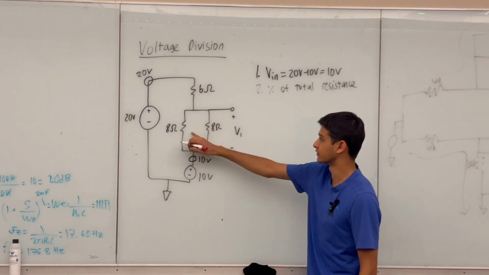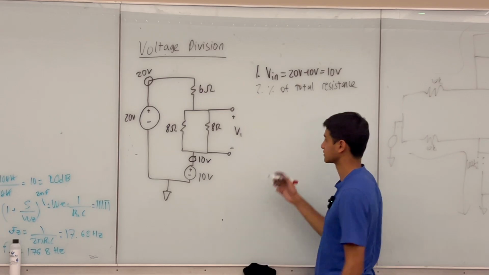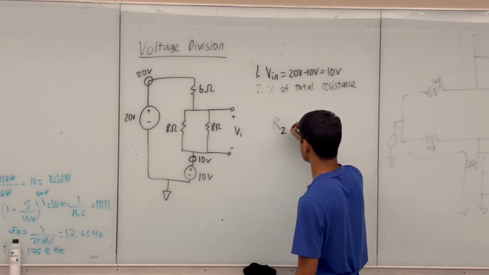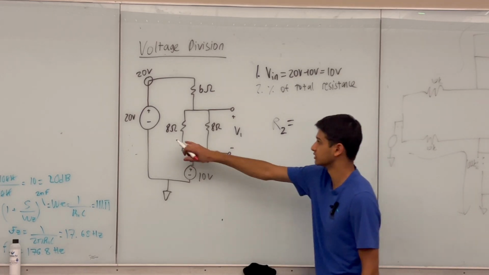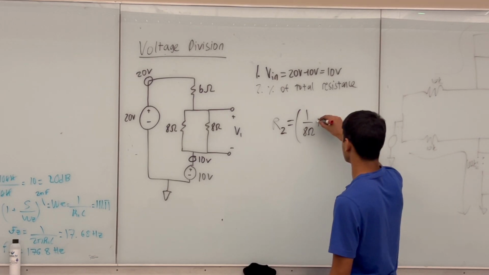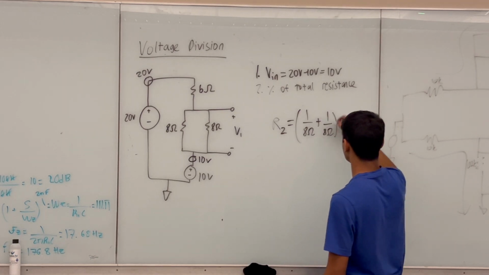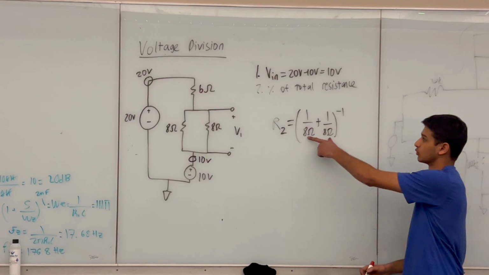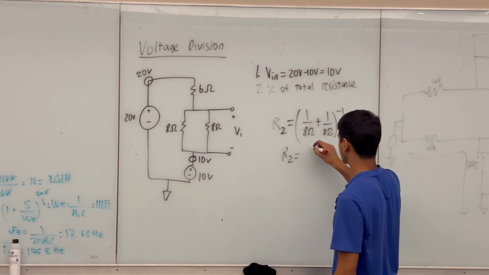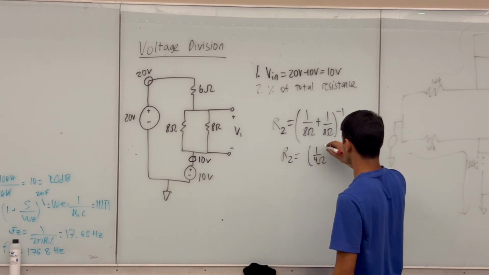The first thing I'm going to do is simplify these two resistors. I'm going to call that R2. R2 is just going to be equal to 1 over 8 ohms plus 1 over 8 ohms, inverse. And 1 over 8 plus 1 over 8 is just 1 over 4 ohms.